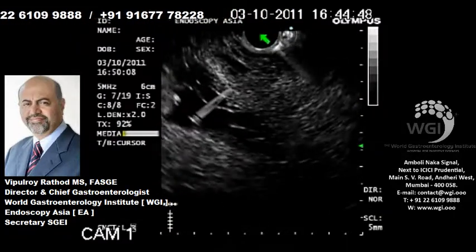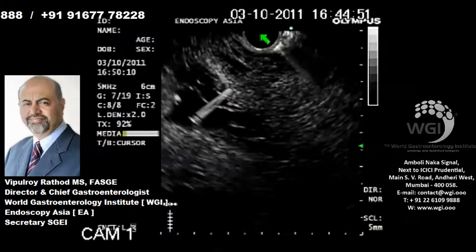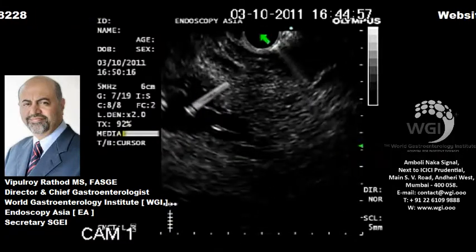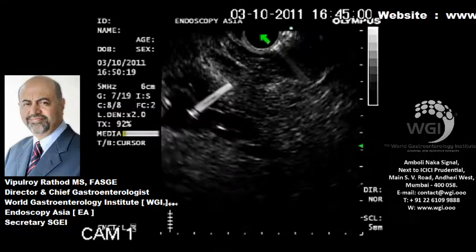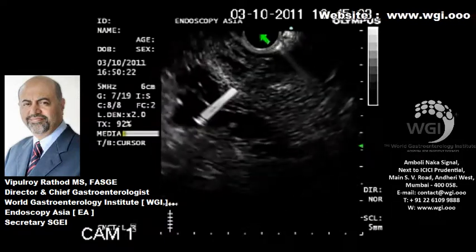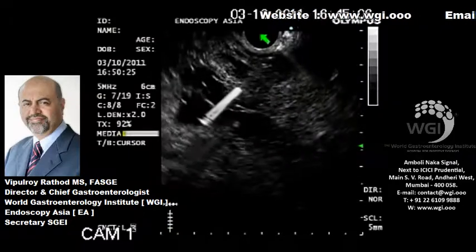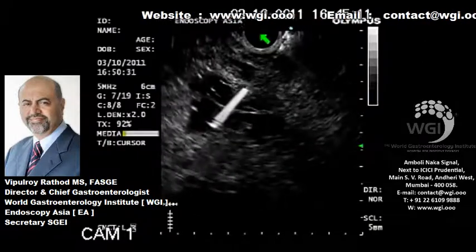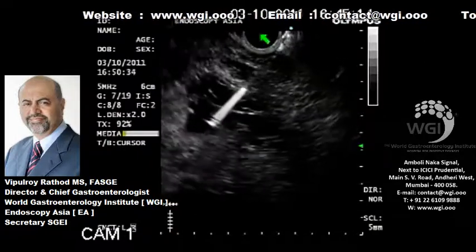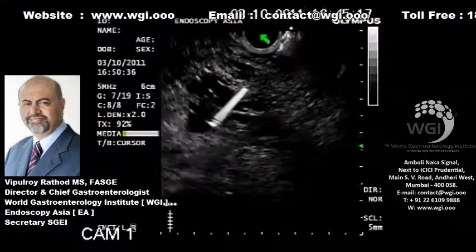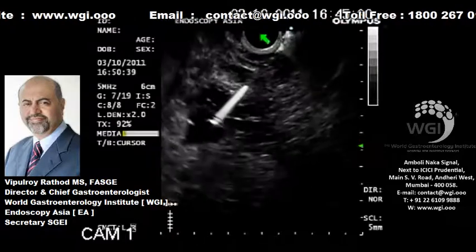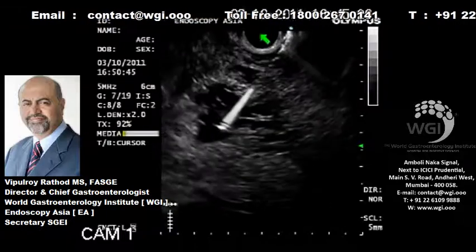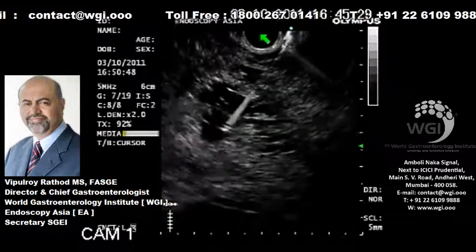It's going down a little bit in size. You can see the size is going down. So that size is getting aspirated.